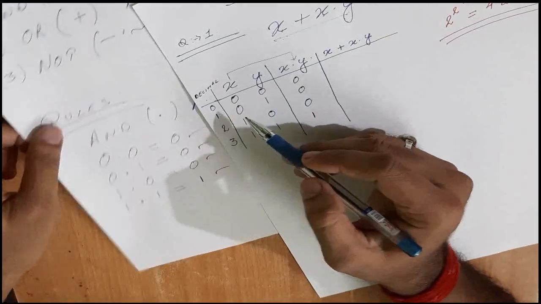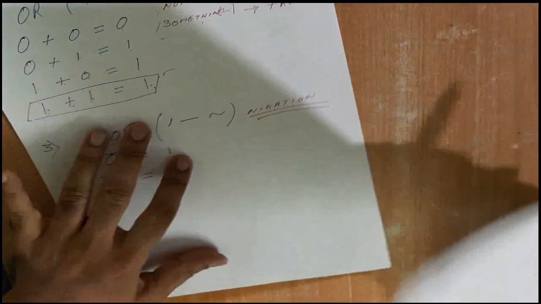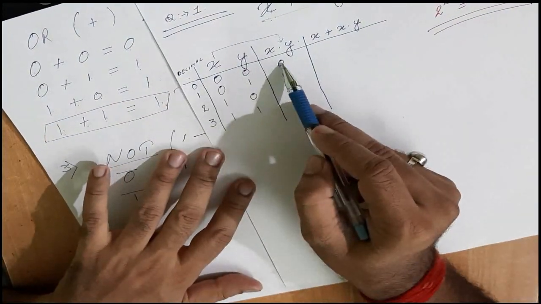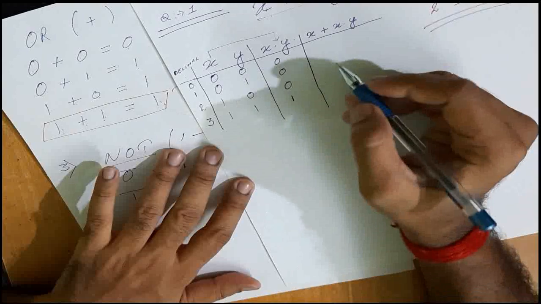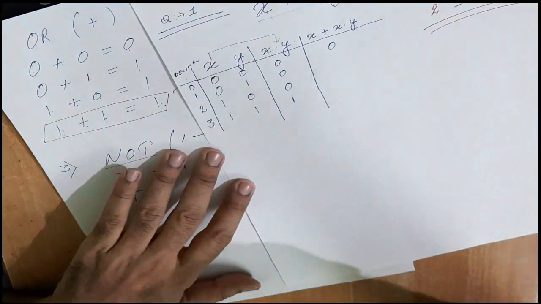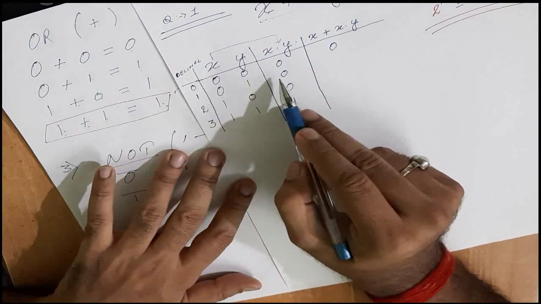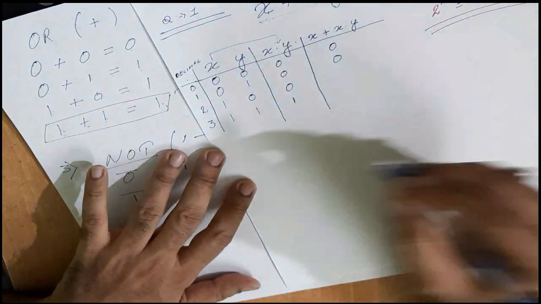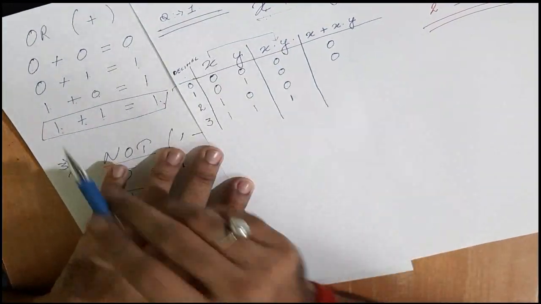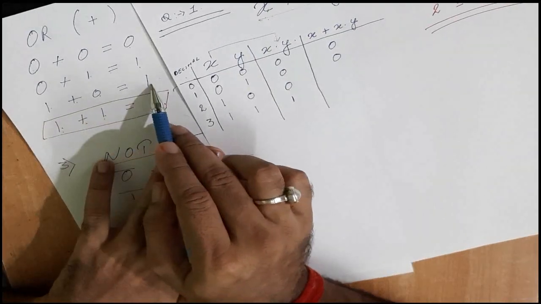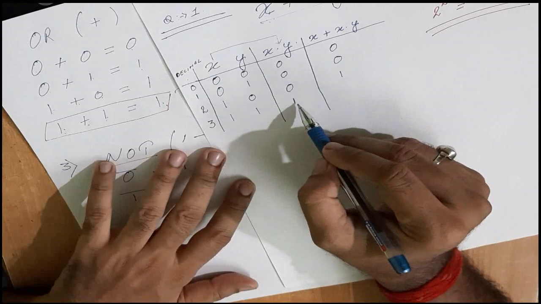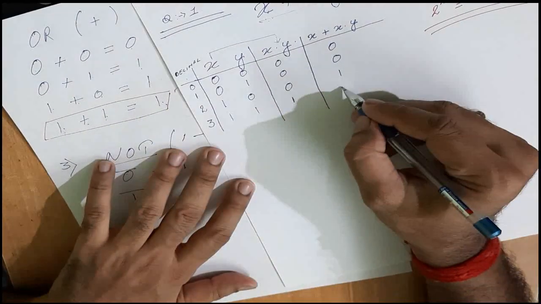So, for that, we'll take out the addition rules. Okay. So, 0 plus 0, the answer is 0. 0 plus 0, the answer again is 0. 1 plus 0, 1 plus 0, the answer is 1. And 1 plus 1, the answer is 1.